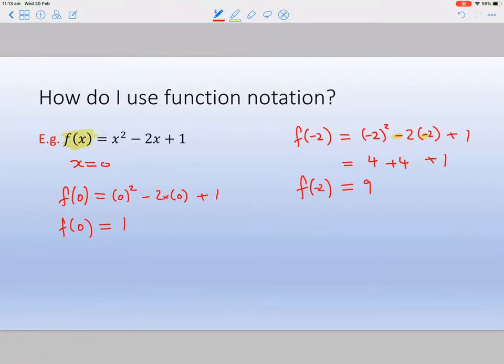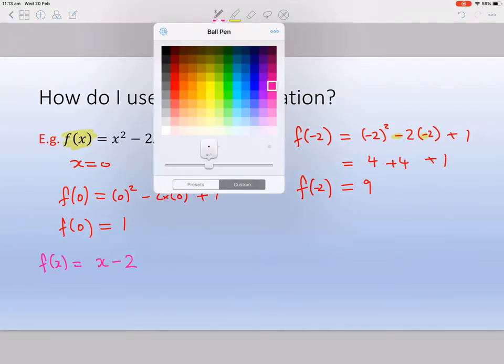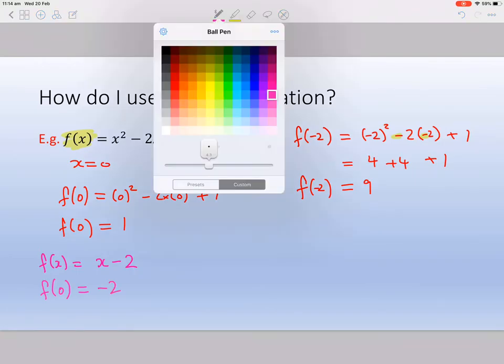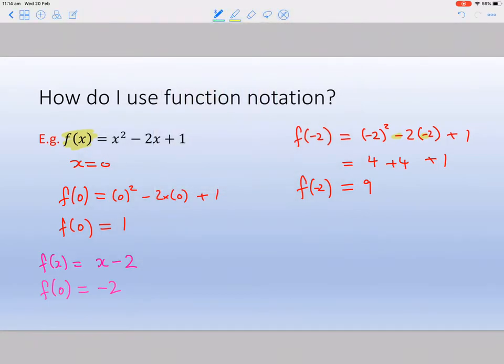So if I had another function, let's make another function up, f of x equals, I don't know, x minus 2. Okay, I want to know for this one, what's f of 0? Well, f of 0 is just -2 because I've substituted 0 into this x here, all the output I'm going to get is -2.